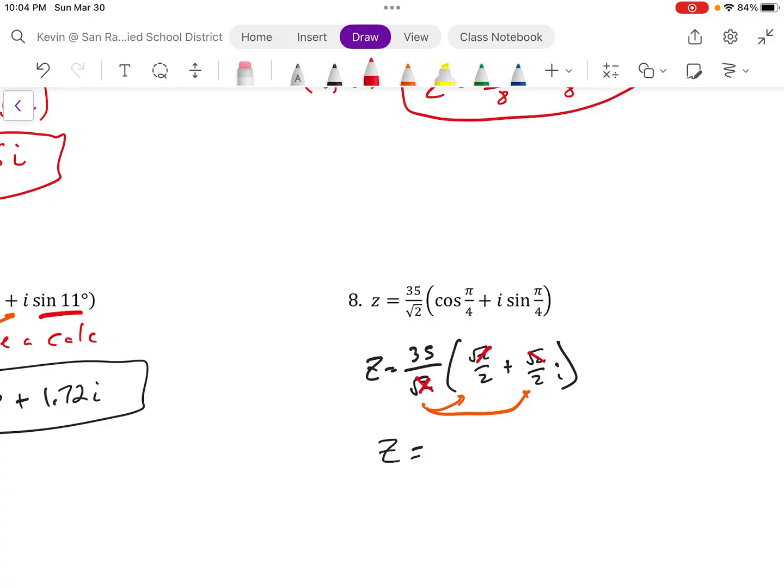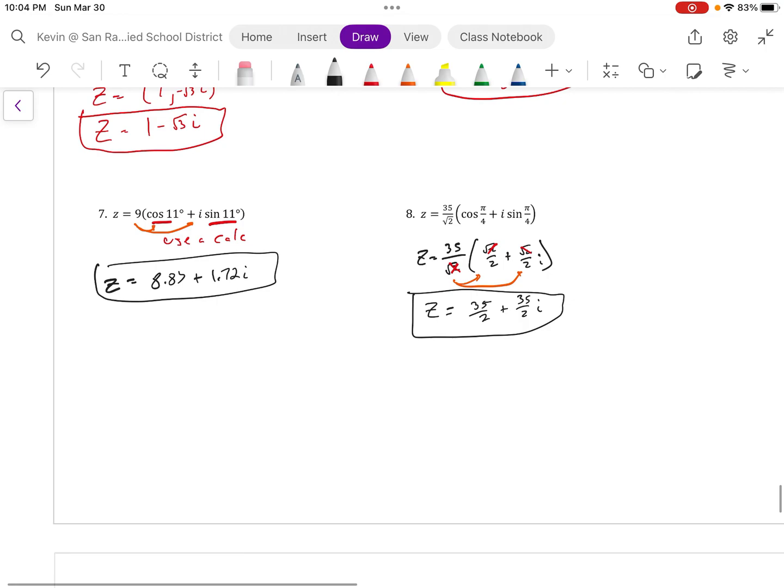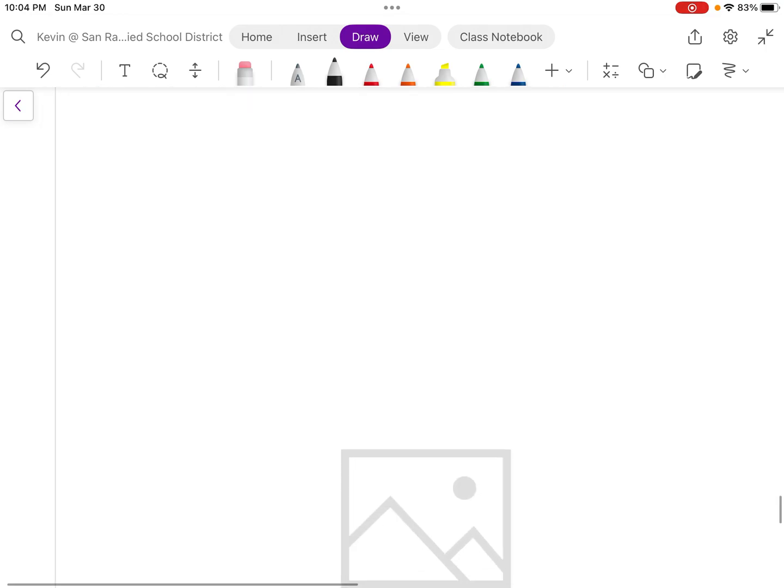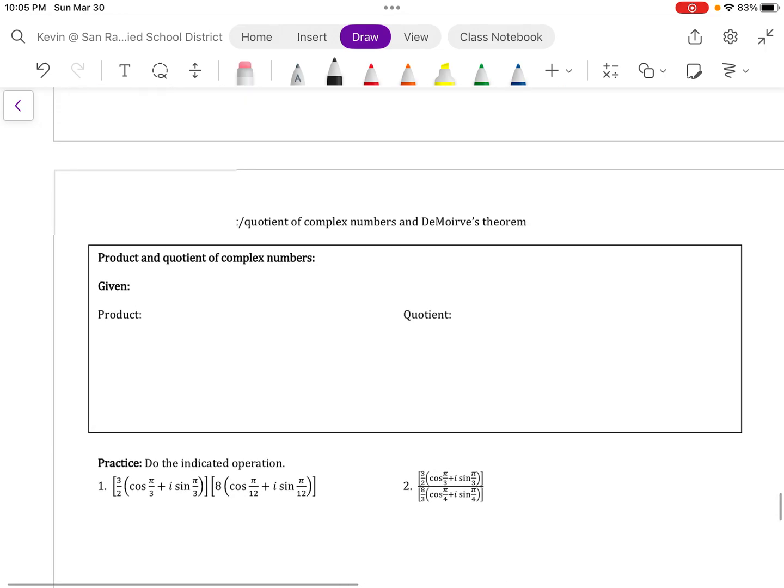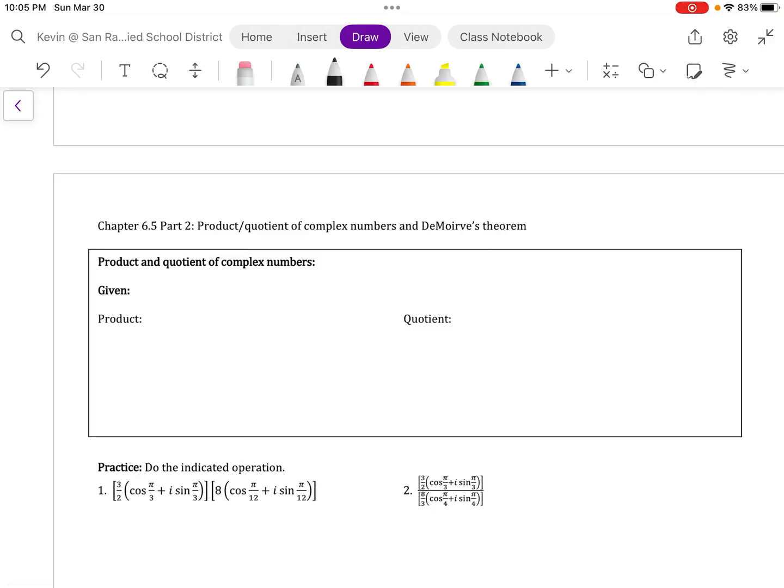So we have 35 over 2 plus 35 over 2 i. I would just leave it like that. I wouldn't try to simplify it at all. Okay, that was actually pretty quick.